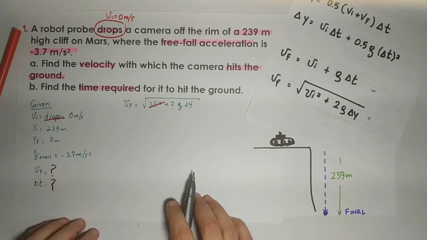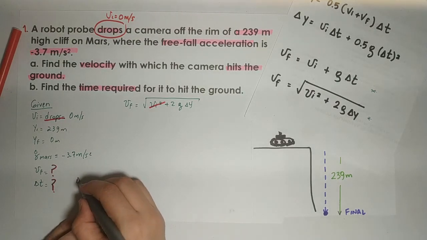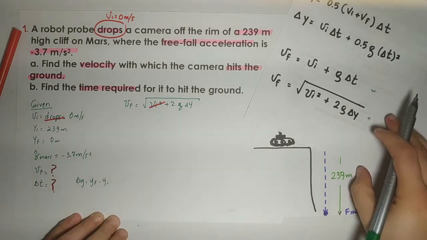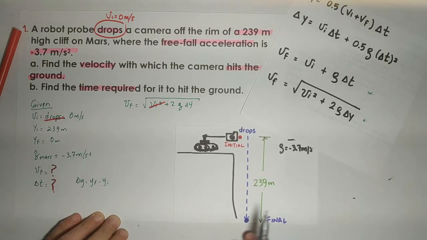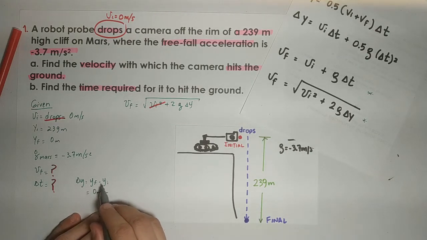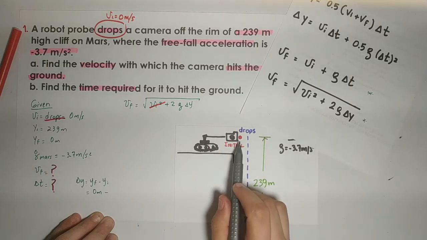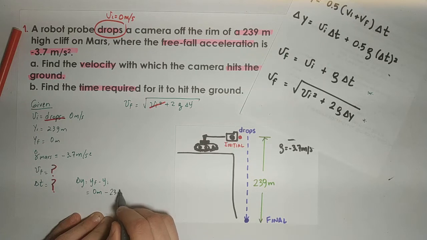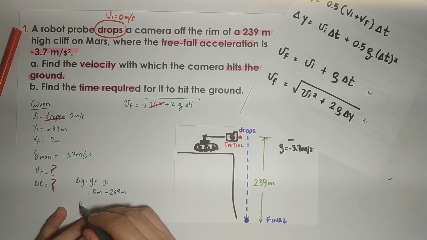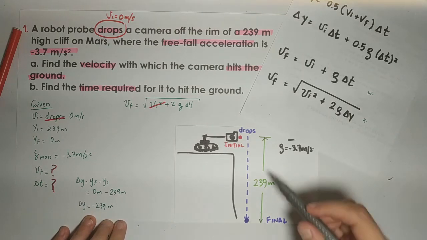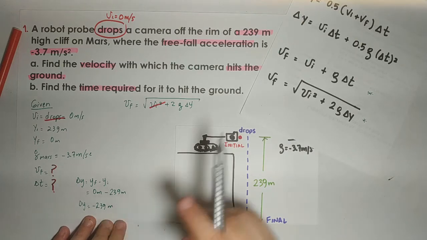As I told you before in the last exercise, delta y is y final minus y initial. The final position of the camera is in the floor, so it is 0 meters, minus from the formula the initial position, that is right here at the top of the cliff, so it's 239 meters. So my delta y is negative 239 meters, because the final position is below the initial, so it is negative.